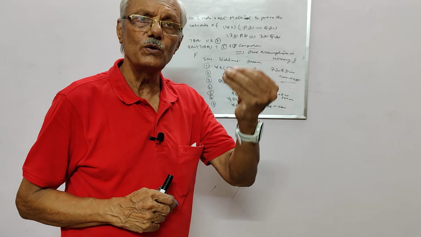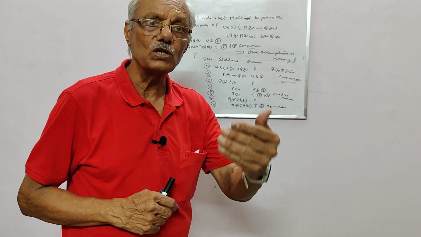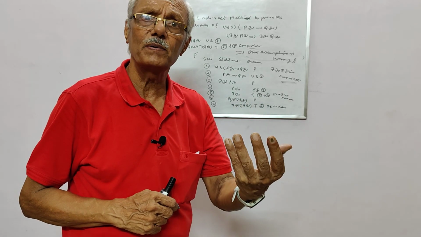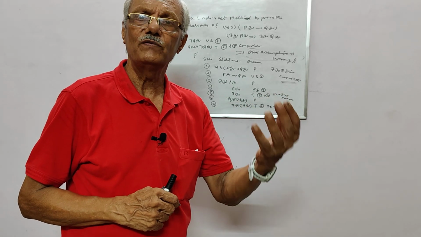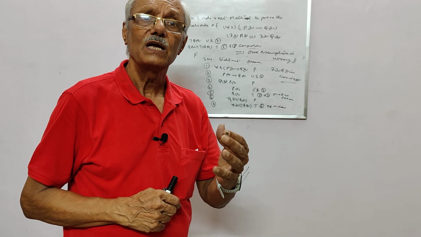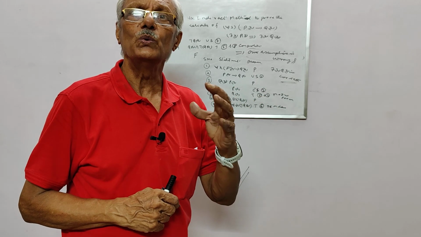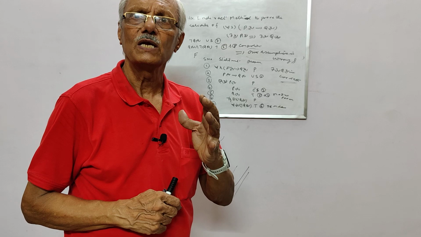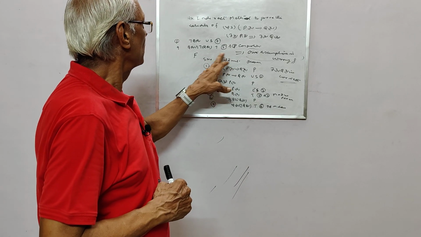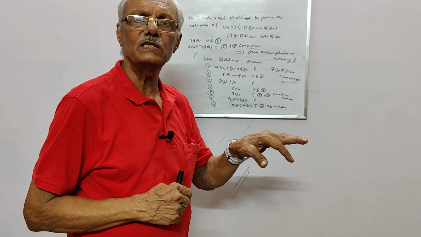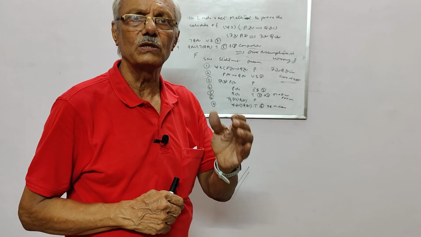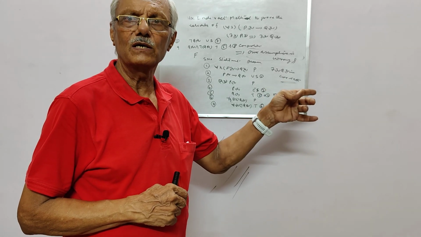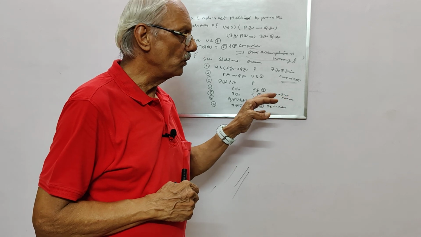That means while you prepare the argument table, you can utilize the negation of the conclusion as an additional premise, and go ahead with your argument. But when you finally arrive at the conclusion, you will end up with F, false. F means it is a contradiction. So since you arrive at a contradiction, your assumption is wrong, and so you can say that the conclusion itself is correct. So this is all about this.